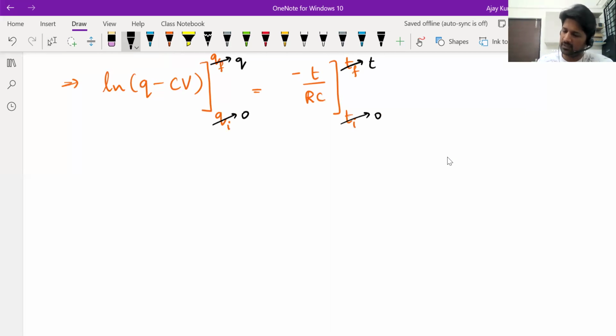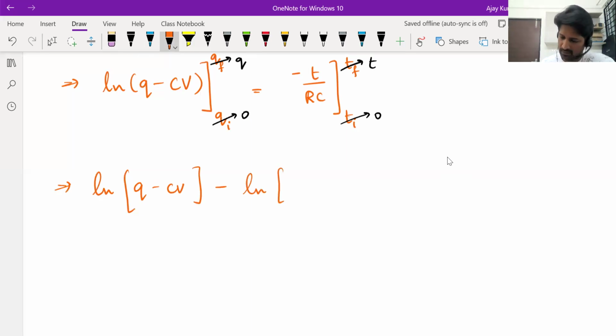Final time, let it be T. So you can get charge Q at a time T. So substitute limits now. ln of Q minus CV, minus ln of, in place of Q, if you put 0, it becomes minus CV, is equal to minus T divided by RC.